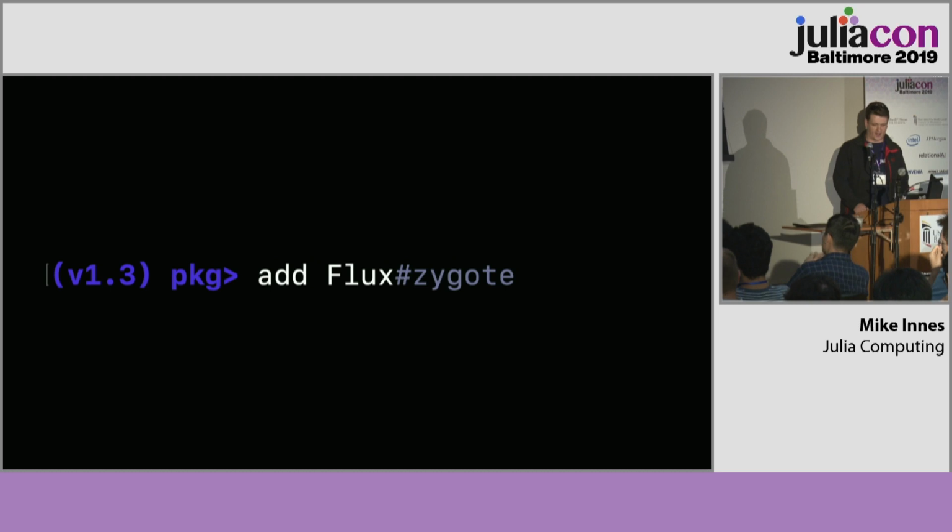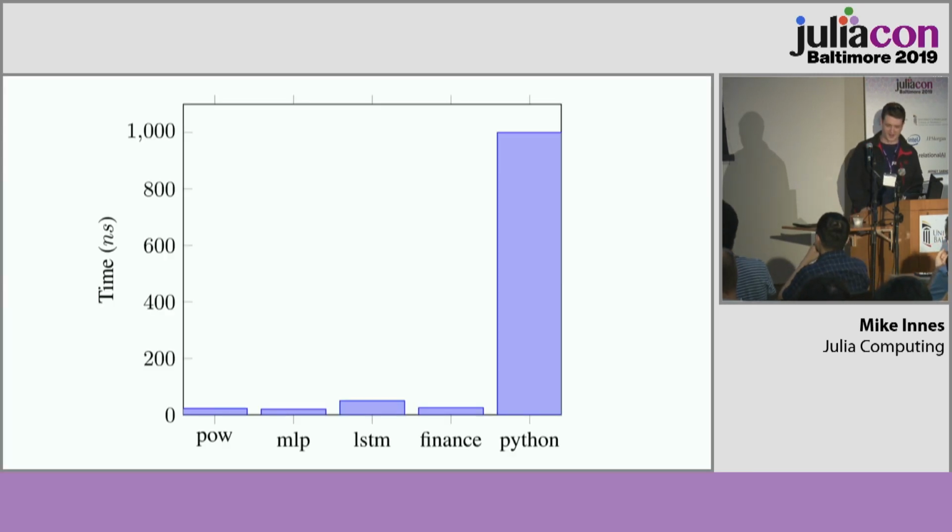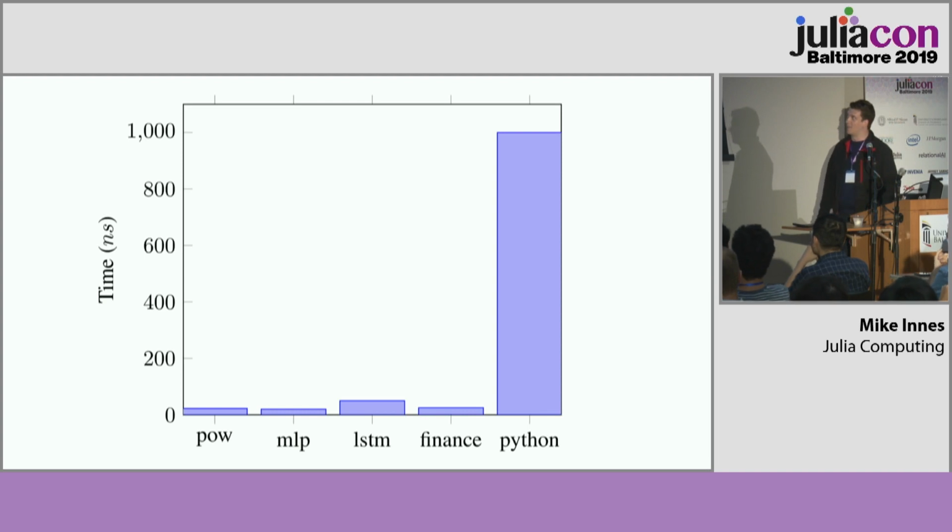So probably the least interesting thing that Zygote does as an AD changes is that it's fairly fast. If we look at a common way of measuring performance in AD, it's called AD overhead. So if you have something like an addition or a plus or some other basic operation, how much time is spent manipulating AD data structures or running your interpreter or doing dispatch as opposed to doing actual numerical work.